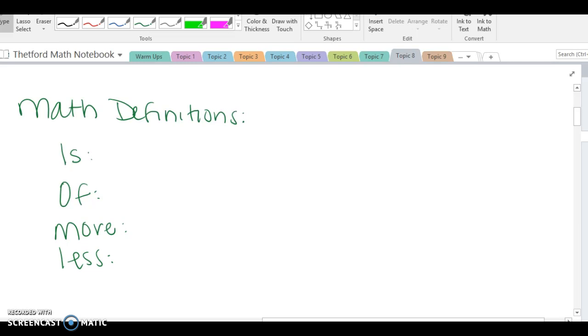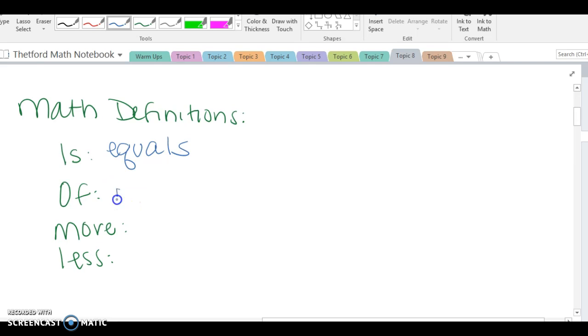And so these words seem very simple: is, of, more, less. But in math, they have kind of a different meaning. So whenever we see the word is, this means equals in a word problem. So that means that if something is, it means that something equals.